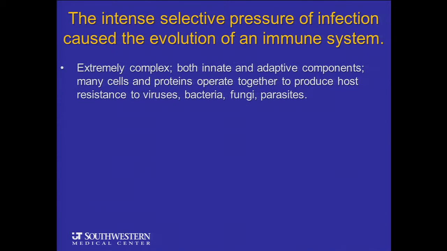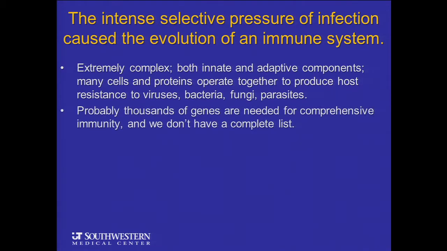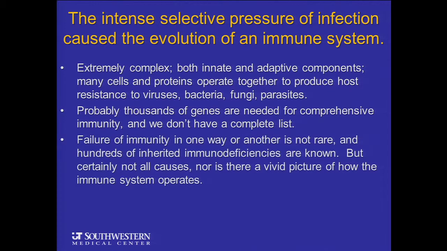It was this intense selective pressure that made a very complex system of cells and molecules that resist infection by viruses, bacteria, fungi, parasites, any foreign life form that we might come in contact with. There are probably thousands of genes needed for comprehensive immunity to all these pathogens, and at present we don't have a complete list of what those genes are.